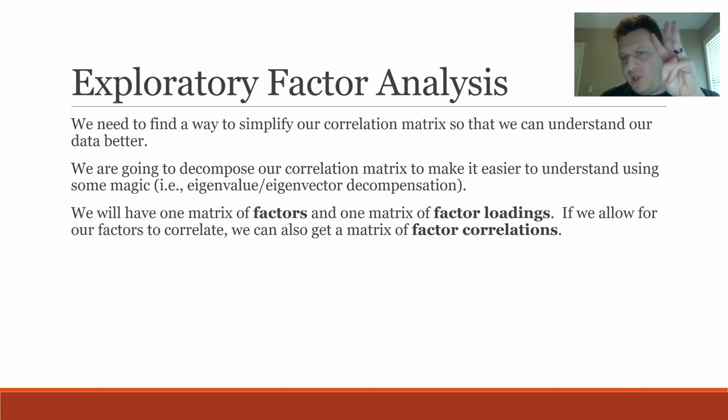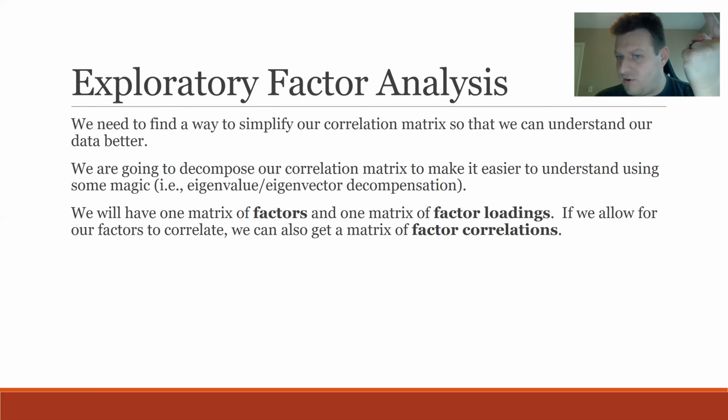But with these 3 different matrices that we're going to get in simplifying it, we are going to be able to answer one of our 3 different questions that we had at the very beginning of this lecture. How many personality traits are there? Our first matrix, which we are going to call our matrix of factors, tells us the answer to that.